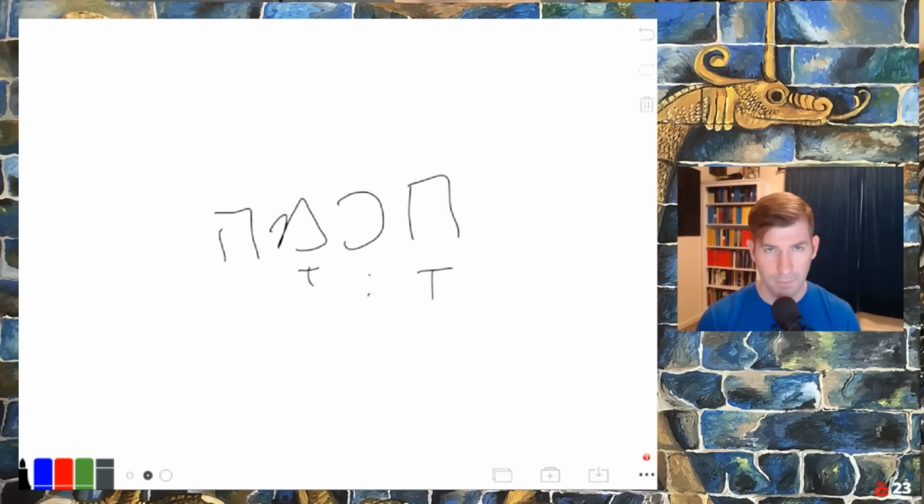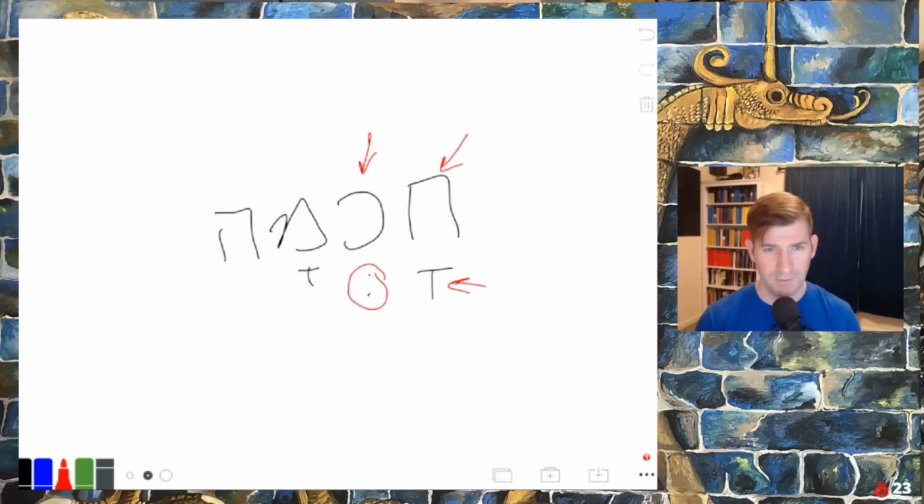I'm saying chokhmah. Let's find out why. Consonant, vowel, consonant. This is a shava, a silent shava. It's there closing the syllable.